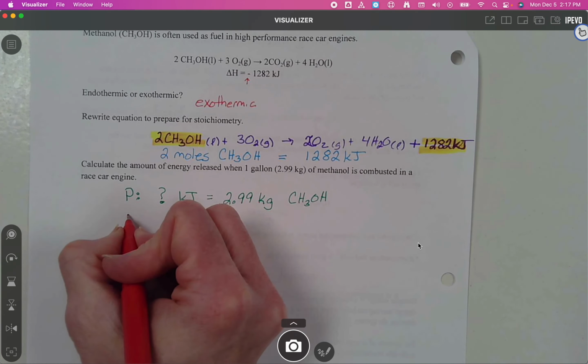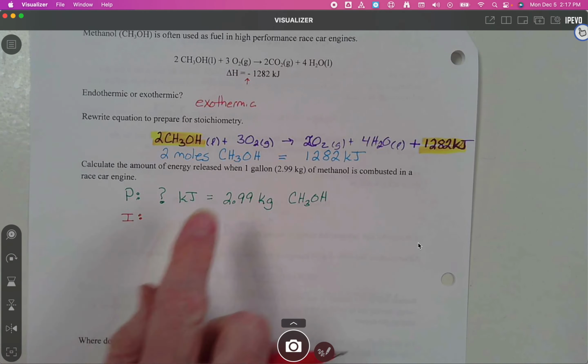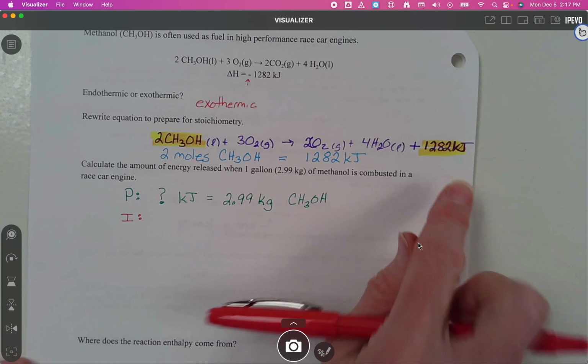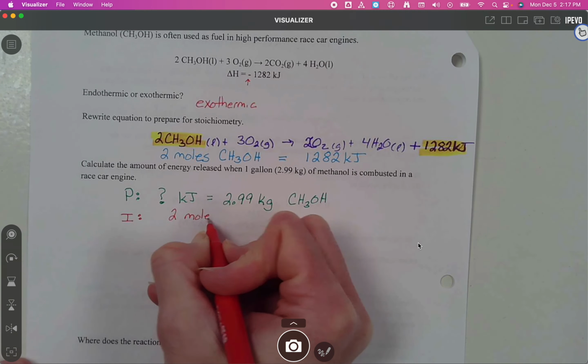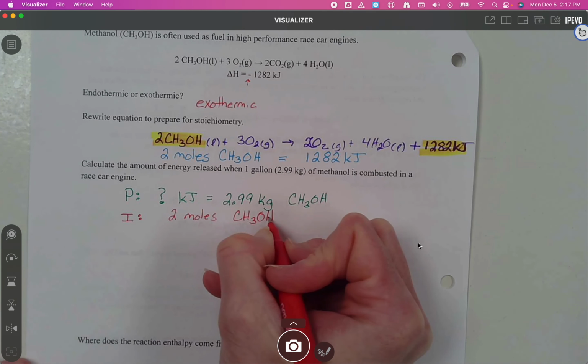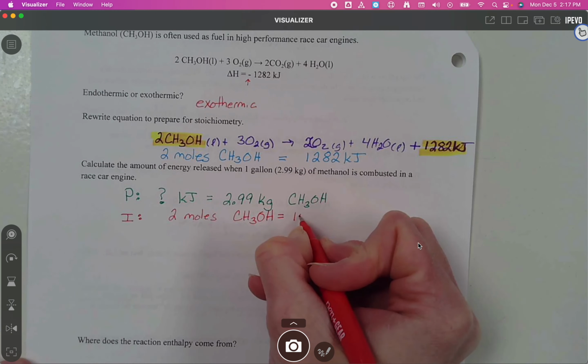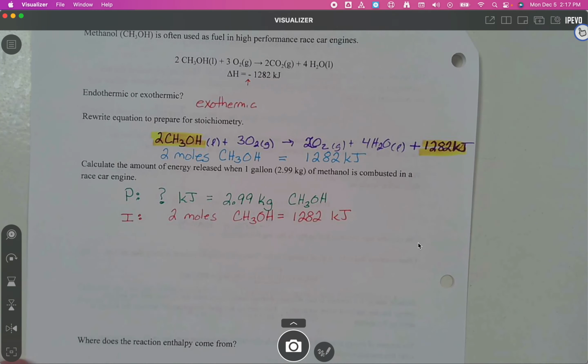Things that I know. The most important idea of the day is that I can look at this balanced chemical equation and know that 2 moles of CH3OH will produce 1,282 kilojoules of energy.